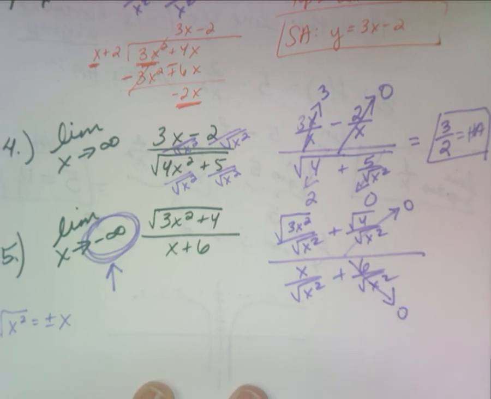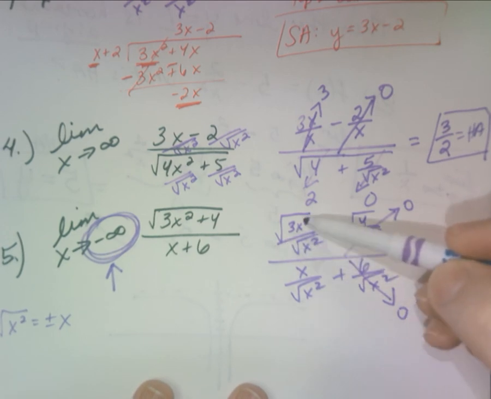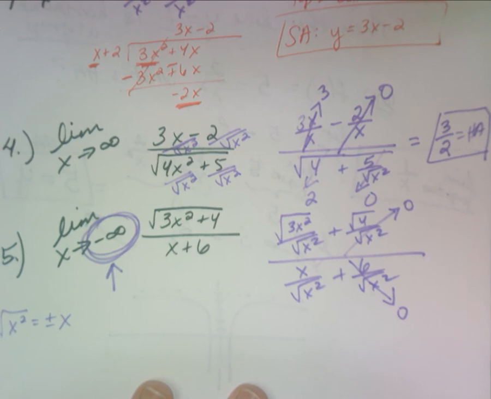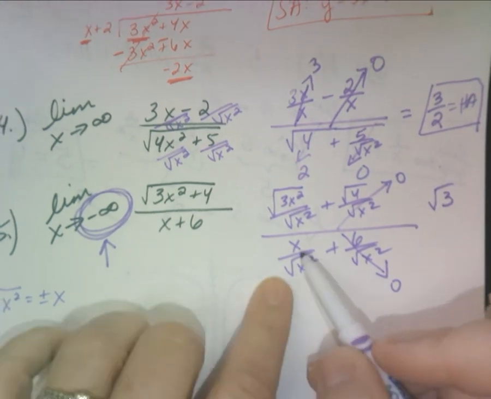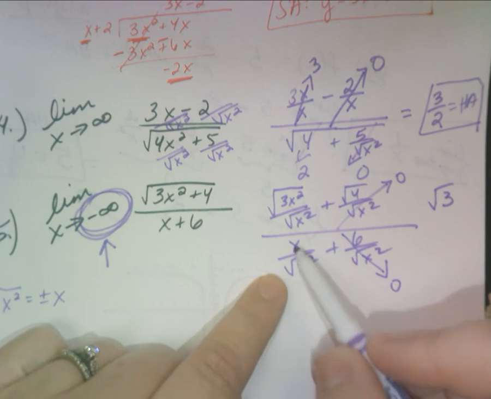Yes? Okay, now let's talk about these two. Square root of 3x squared over the square root of x squared, where's that going to go to? What does that reduce to? 3. Try again. Square root of 3. This one is our trick problem down here.